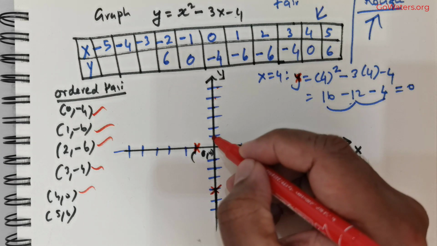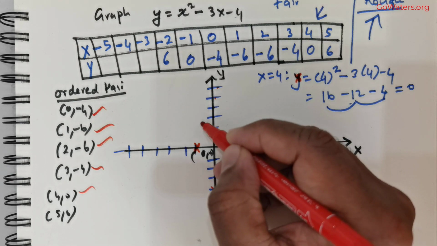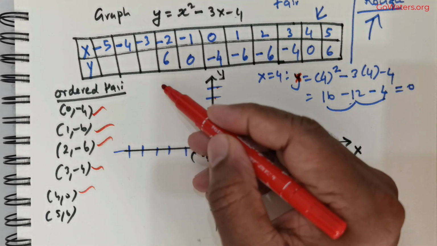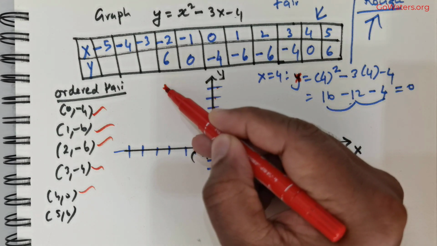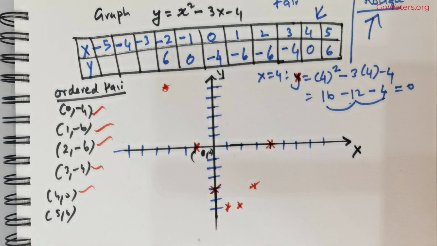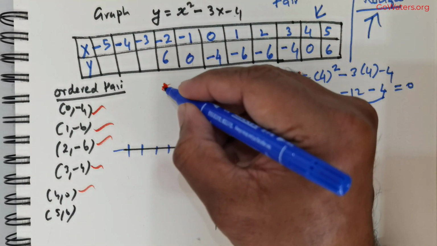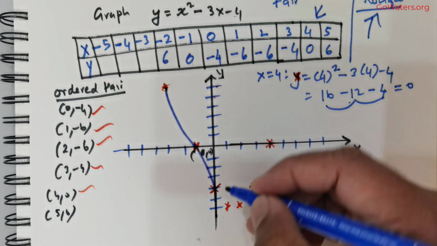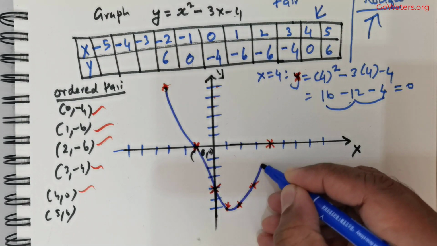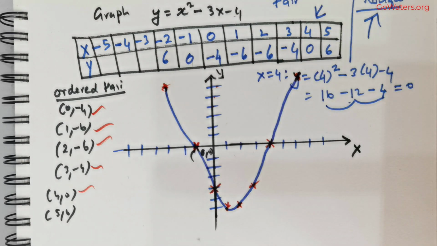And then 2, 6 is going to be over here. Right? Okay, fine. Now connect all these points.